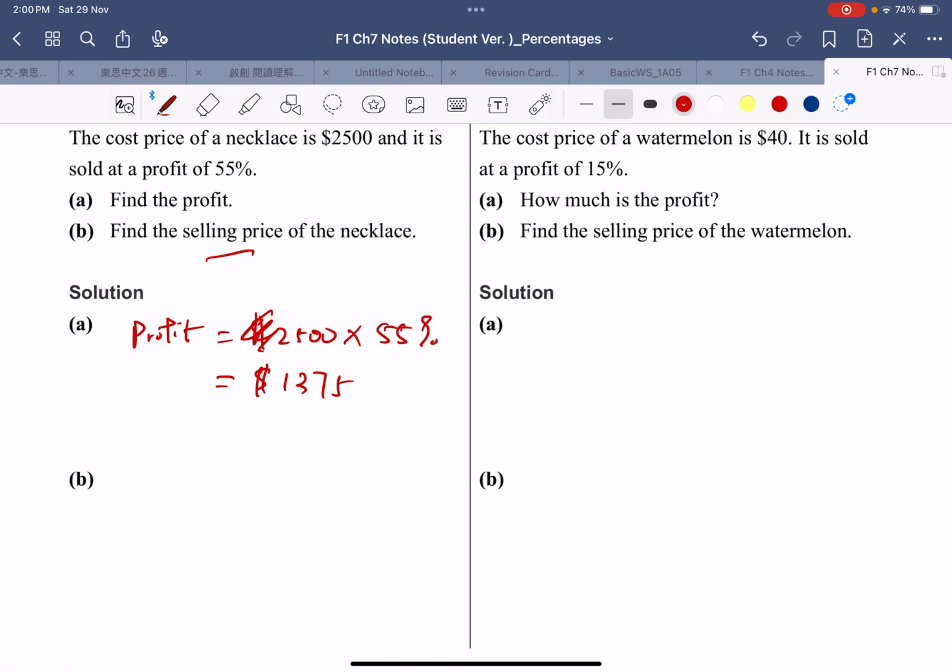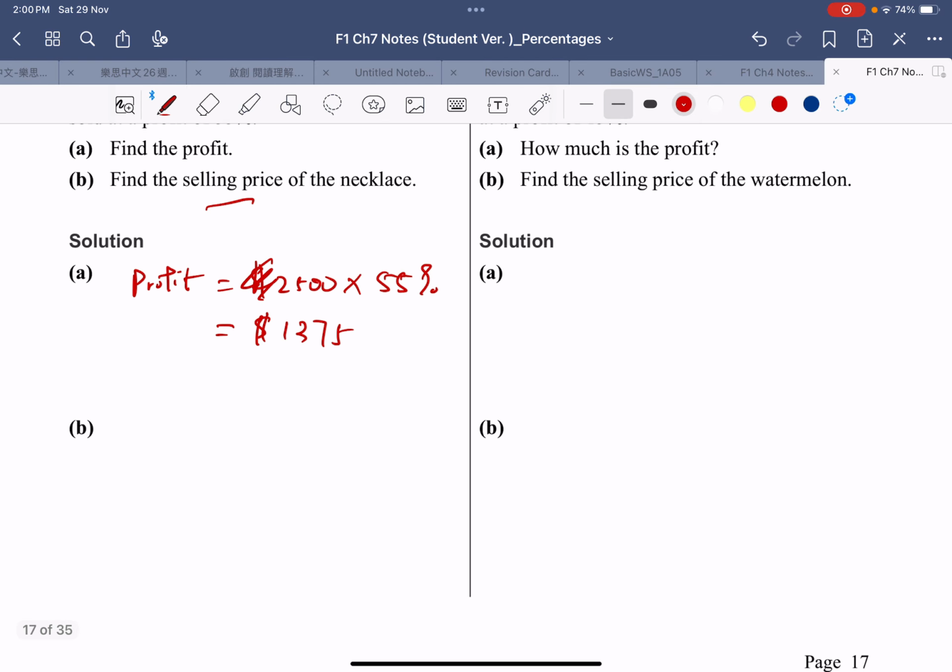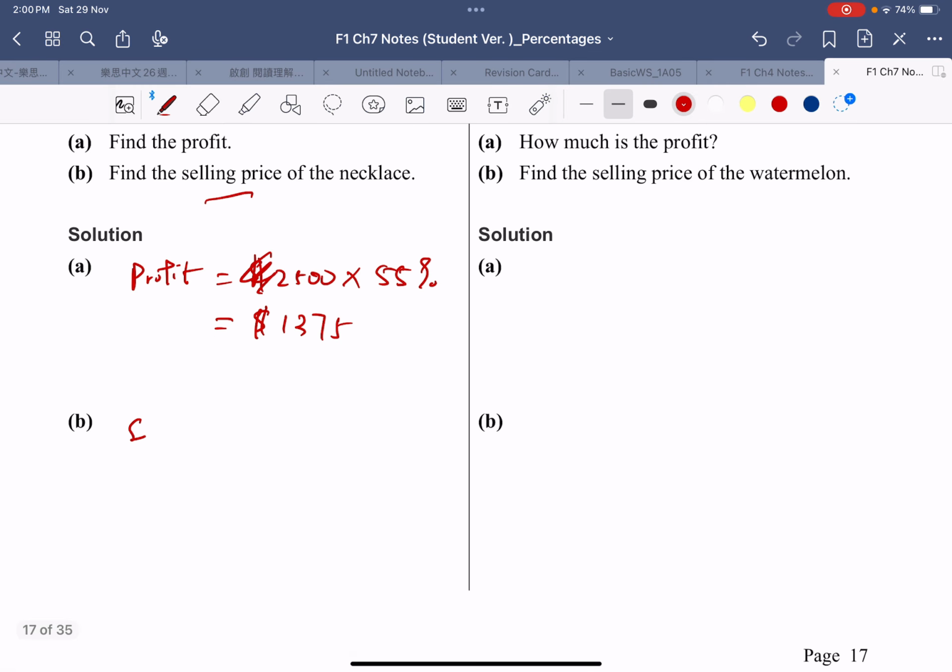This is your profit. And then the selling price will be the cost plus the profit you've made. So the cost is the amount you pay for it, and then you earn some money, and then the total is your selling price with a dollar sign, 3875. Right.